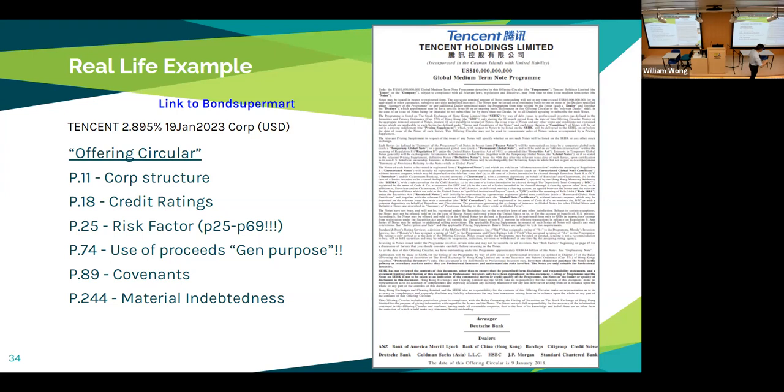The top line is always the first, like the leading bank, and then the other guys are just the arrangers, which means it's taking some agency and hopefully they can bring in some clients. And it is by alphabetical order. Usually, the ones on the left-hand side is the better bank, or the lead bank, the team leader. So you can see how it goes.